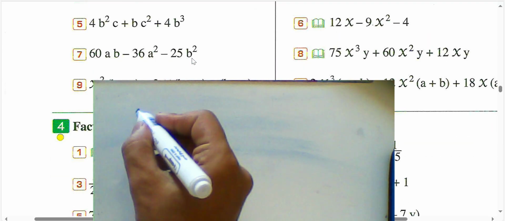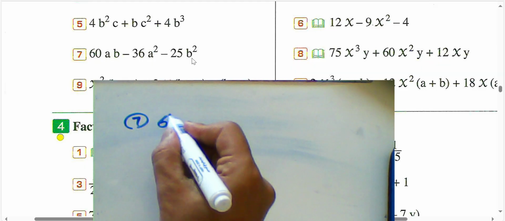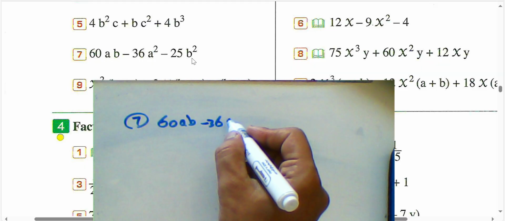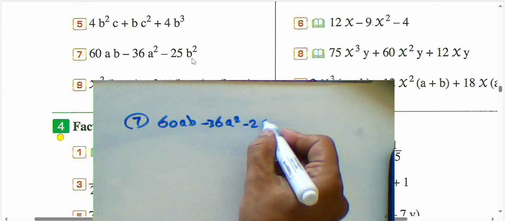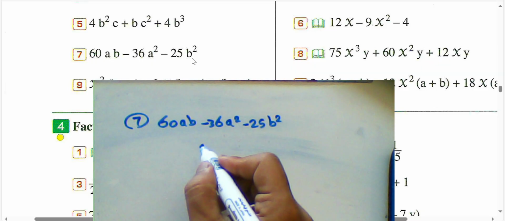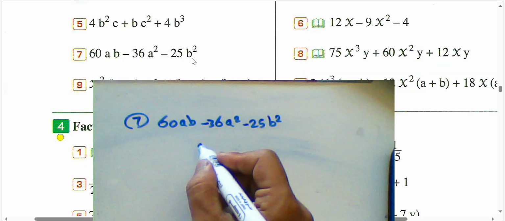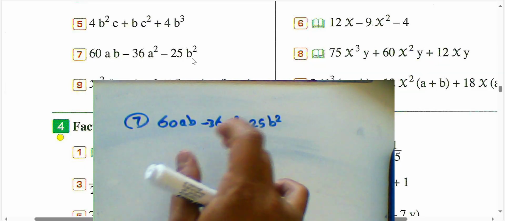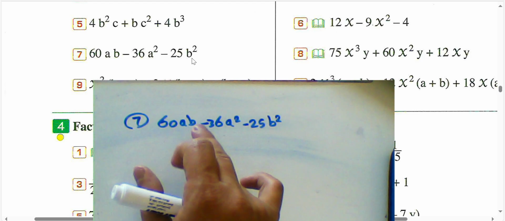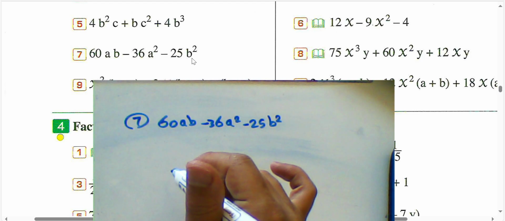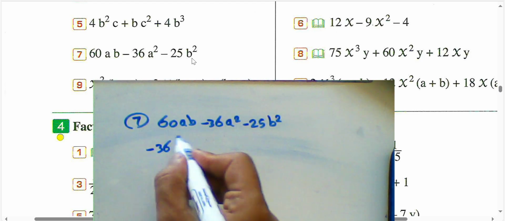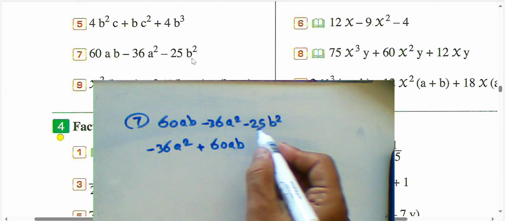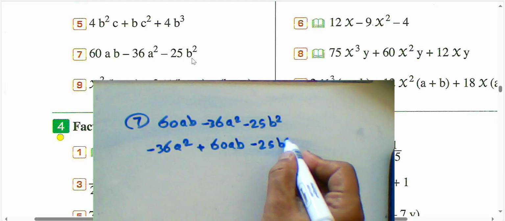Question number 7: 60ap − 36a² − 25p². Okay, we can write this expression in order first: 36a² with a negative, and find the highest common factor between them, negative. So write −36a² + 60ap − 25p².